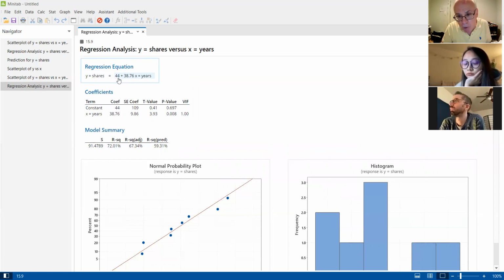It's not 44 exact. It's like 44.4 or 44.3 something. It's not very good. And this 38.76 is also rounded, but at least it's rounded to 2 decimal places. So that's better.